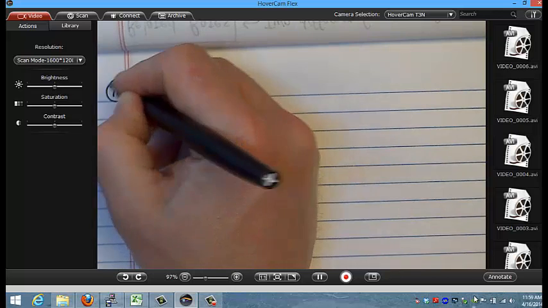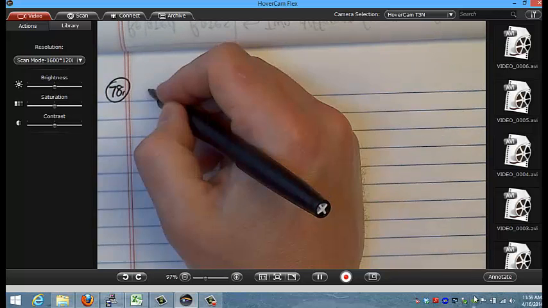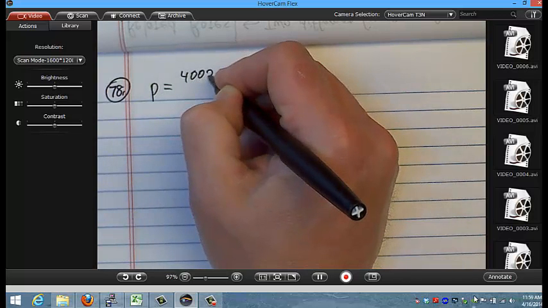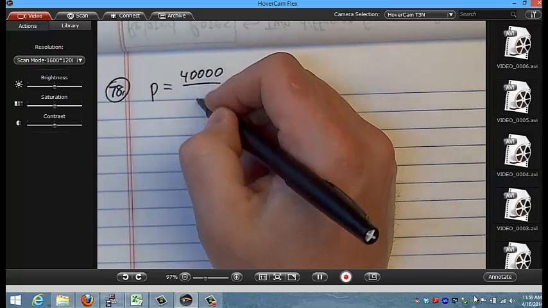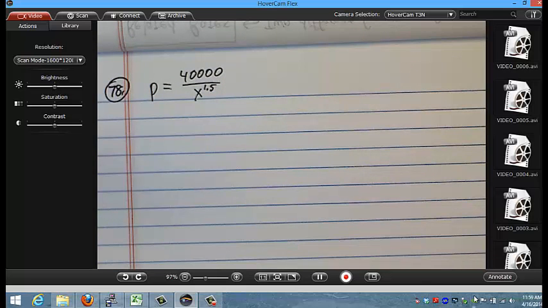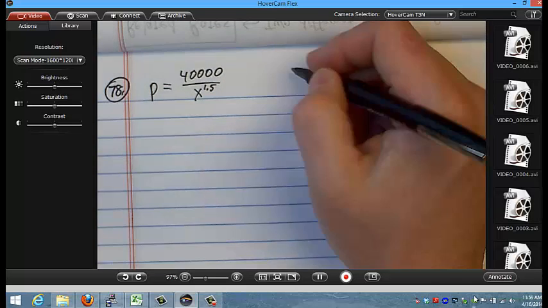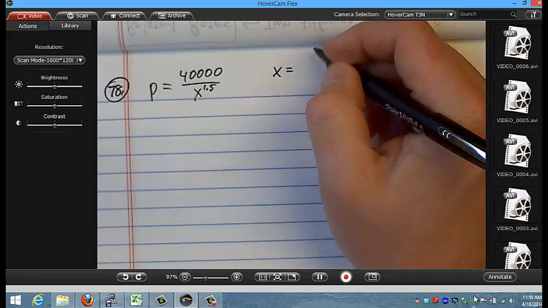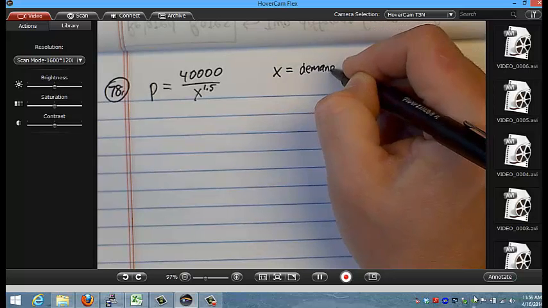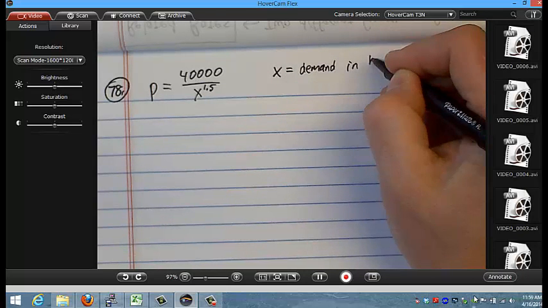Okay. So I have a price demand function. P equals 40,000 divided by x to the 1.5 power. And it says x is demand for oranges in bushels per month.